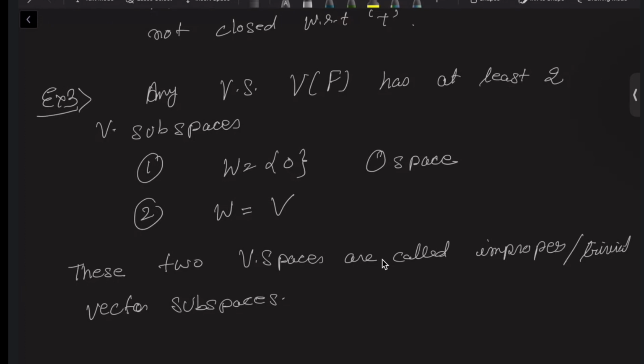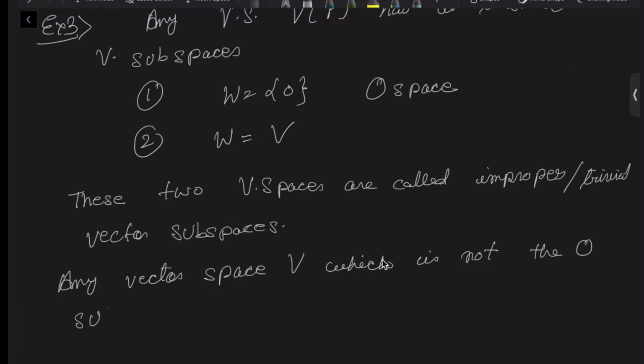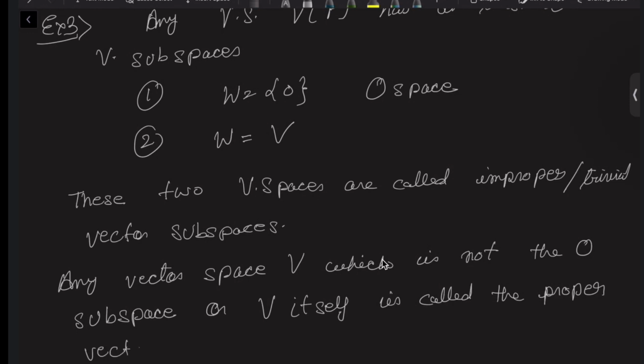Okay, so this is our improper or trivial vector subspace, and any subspace of a vector space V which is not the zero subspace or V itself is called a proper vector subspace.